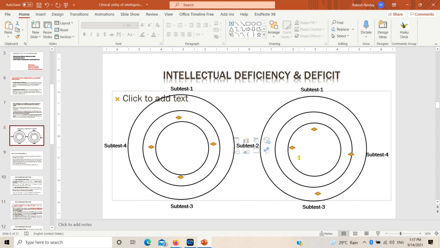In other words, in intellectual deficit the subtest performance will be scattered, and you will learn in the next few slides how to do the scatter analysis. As you might have noted, intellectual deficit assumes that the individual had average or above average IQ.